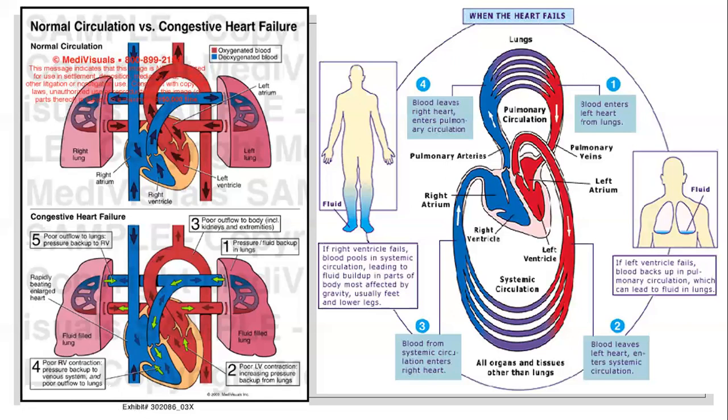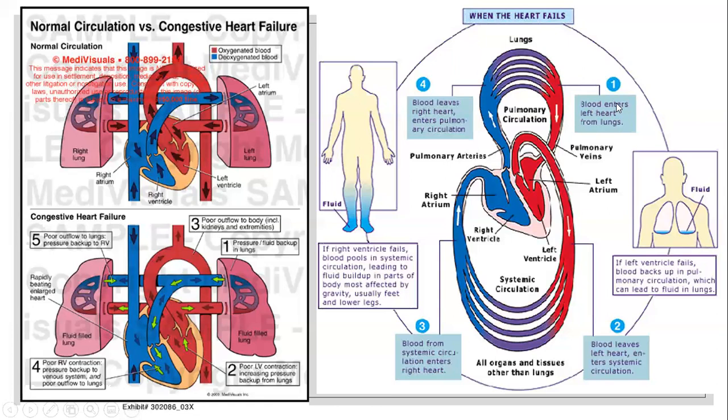So when the left side fails, increased fluid pressure is transferred back through the lungs here, which damages the right side of the heart. So this forces the blood back into the body veins because of the right side, and the patient experiences visible swelling in the legs and ankles. Let me read it first.